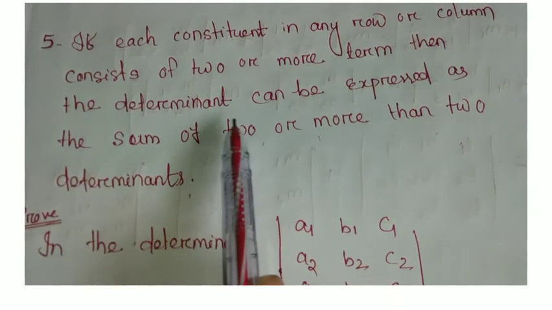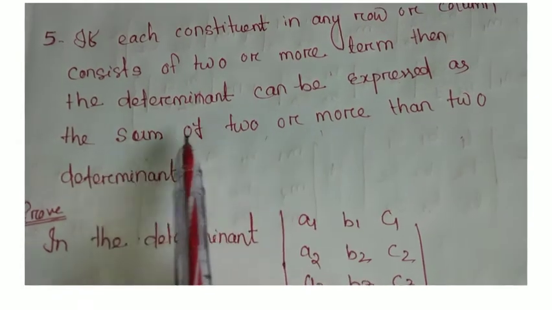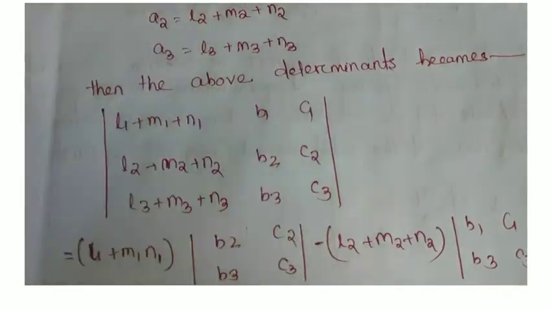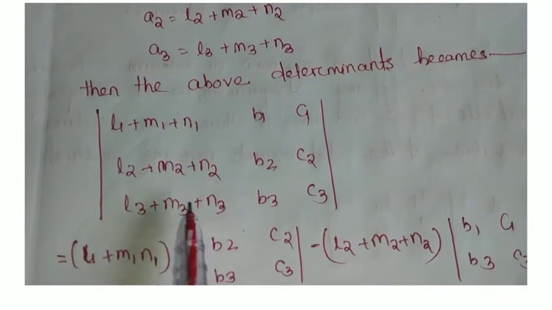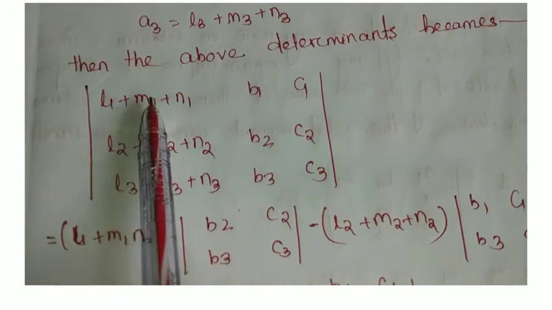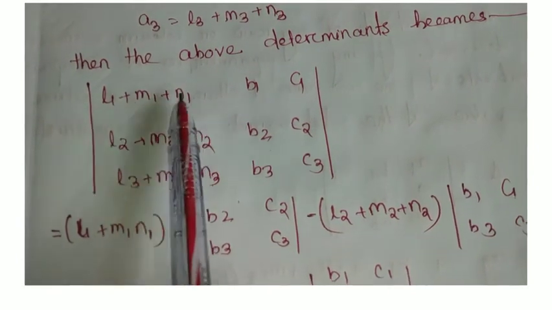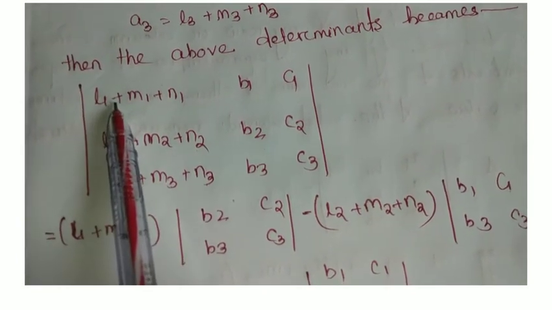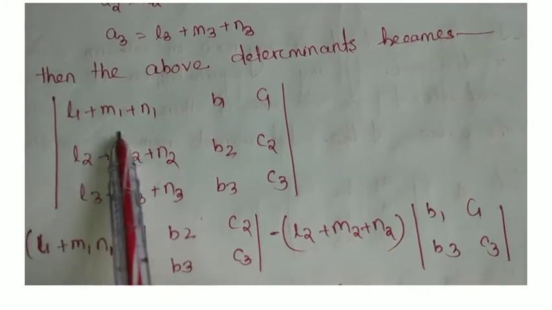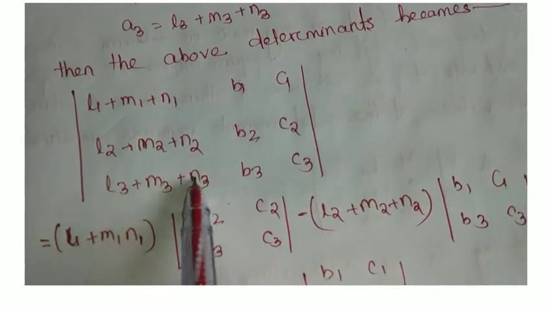Then the determinant can be expressed as the sum of two or more determinants. That is, here there are three terms, so this determinant can be written as three determinants.